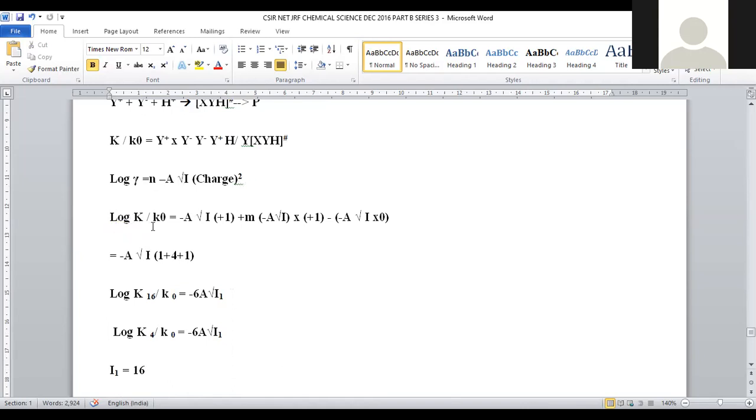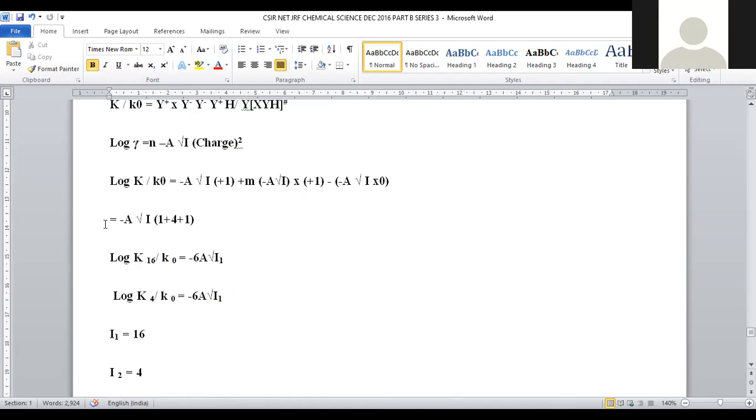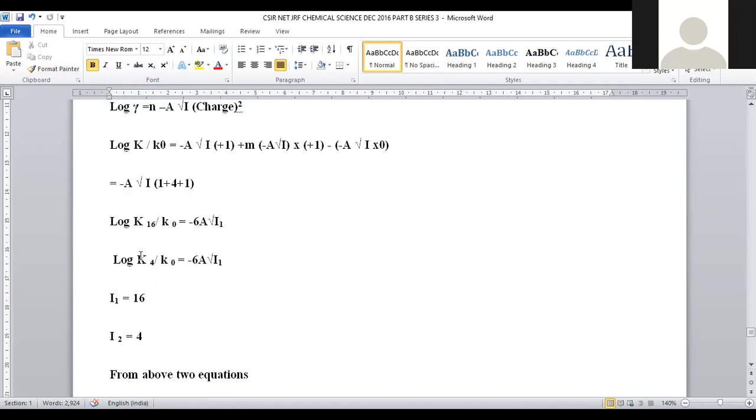Now let us take the ratio of the rate constants: log K by K naught is equal to minus A root I, with all the charges present in the equation taken here. So in this equation we apply the charges, so that finally it becomes minus A root I into 1 plus 4 plus 1.